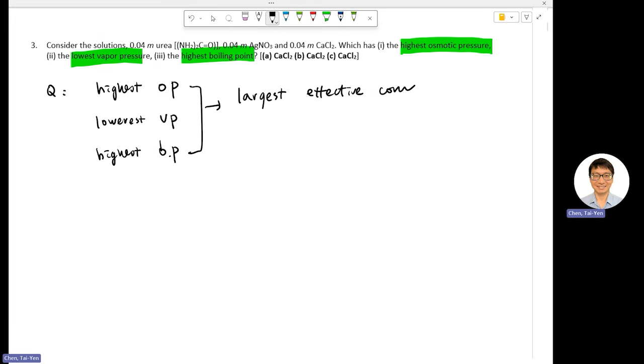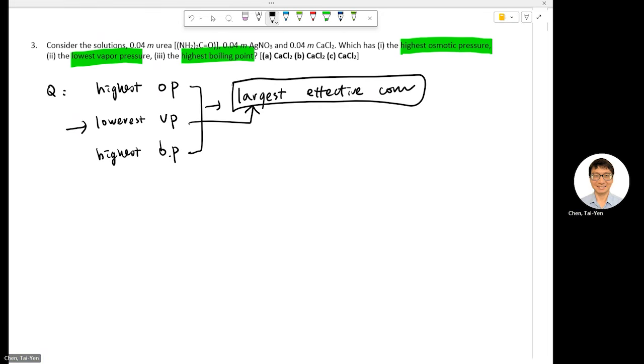And then the lowest vapor pressure is also the one that requires the highest effective concentration, because of vapor pressure lowering. The higher the effective concentration, the lower the vapor pressure. Therefore, all these three things are looking for the same thing: the solution with the largest effective concentration.